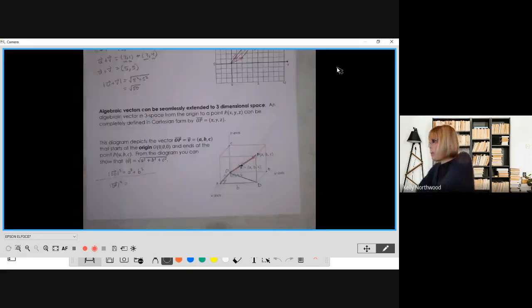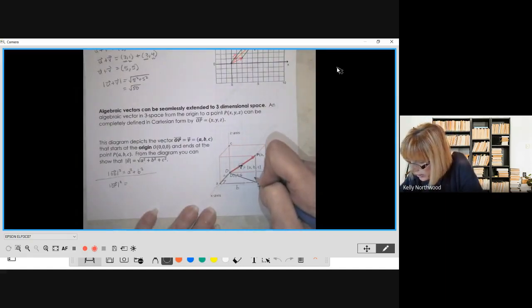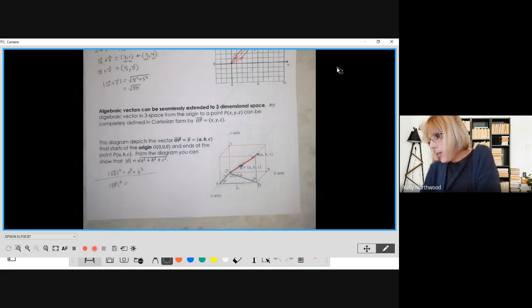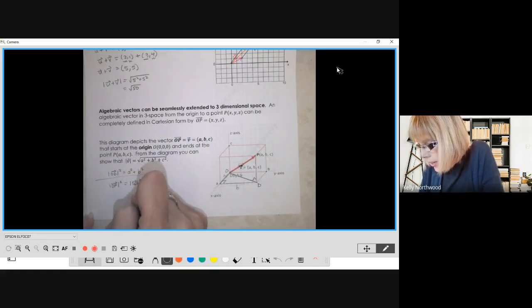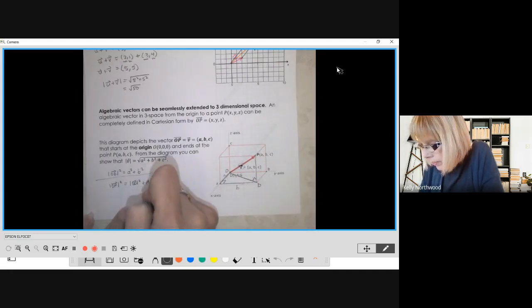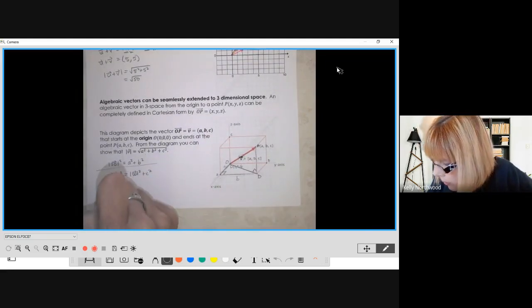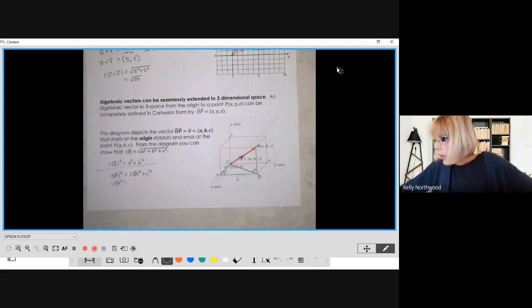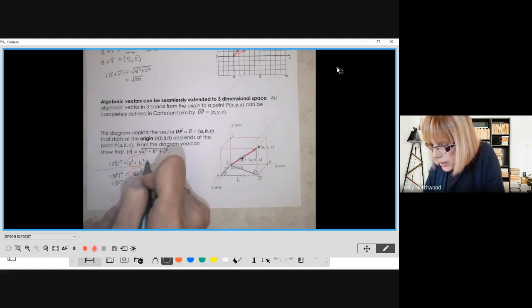Which means that this is a 90-degree angle here, even though it doesn't look like it on flat paper. So vector OP is my hypotenuse, and I can use the Pythagorean theorem. So the length of vector OP squared is going to be the length of vector OD squared plus this distance here squared, which is c squared. However, we just said above that vector OD squared was the same as a squared plus b squared.